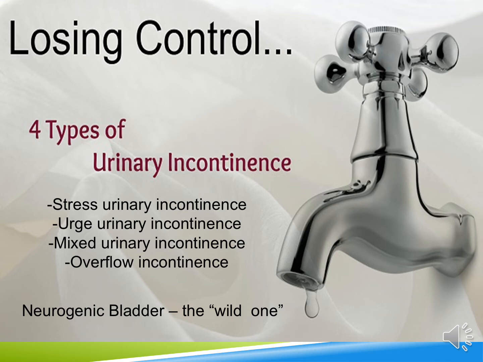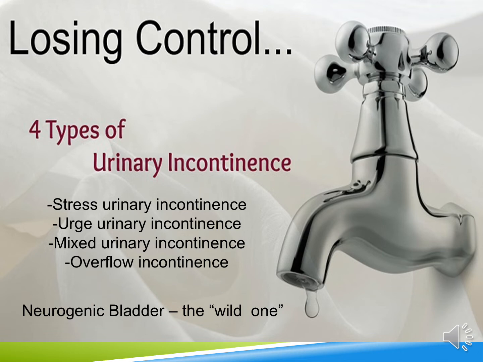There is also one not listed on this slide, and that is functional incontinence, and that's the involuntary, unpredictable loss of urine that occurs when there is an inability to get, say, to the bathroom in time.